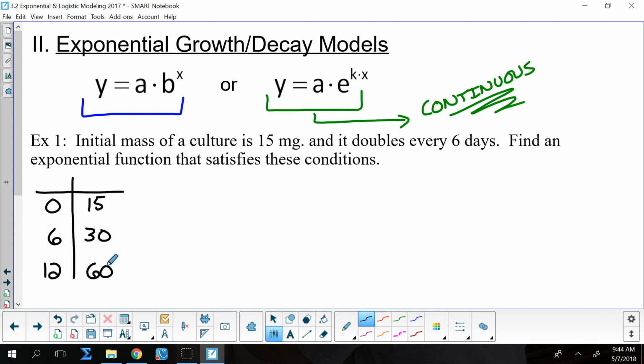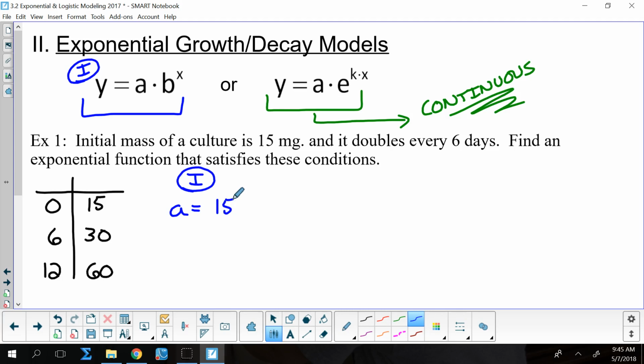So I will deal with the blue one first. The initial mass of the culture is 15. So what is my A value? 15 is my A. It's my initial value.